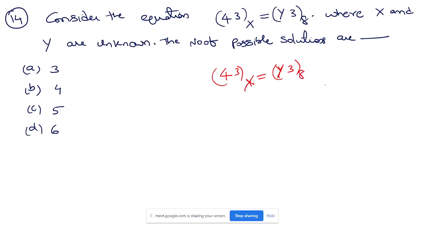You need to find the number of possible solutions for x and y. 43 base x is equal to y3 base 8.